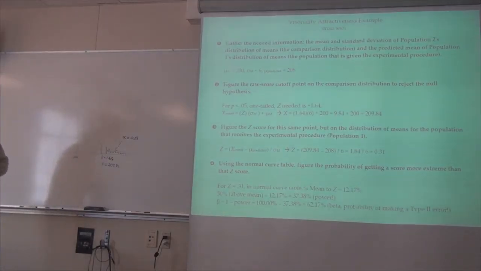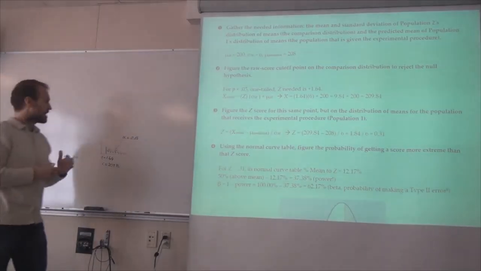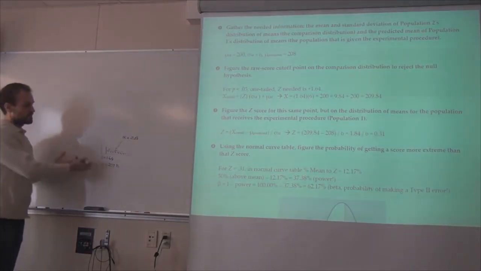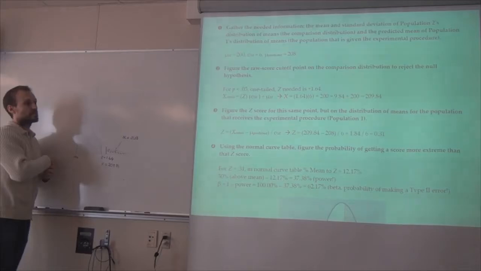All right? So now I want to calculate the probability that I don't reject the null hypothesis, but I actually should have. So in this case, I don't reject the null hypothesis. But what is the probability that I actually should have rejected it?